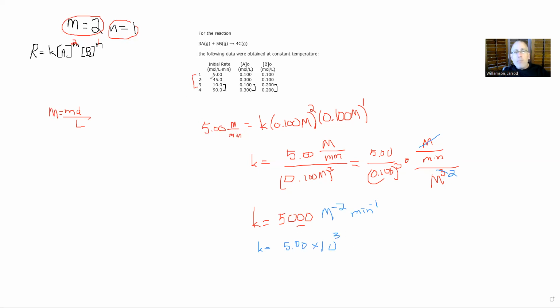And if I want to put it back, molarity is moles per liter. I can go moles per liter, the -2 minutes, the -1.